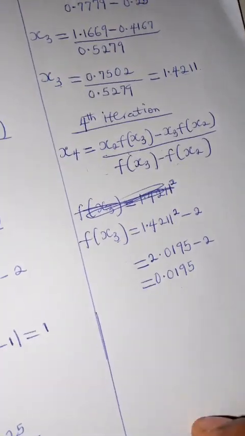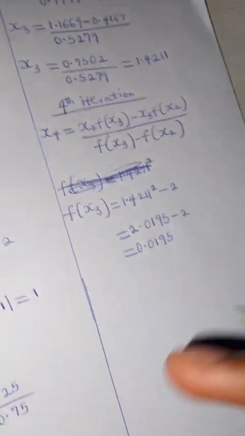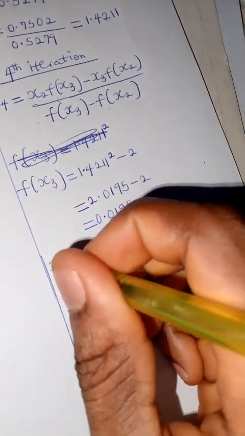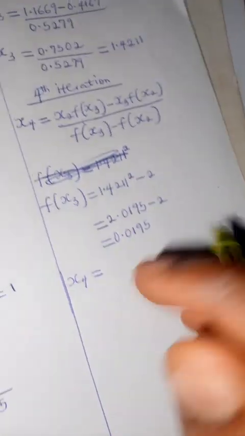Now we're going to substitute this into this equation to get our x4, such that our x4 equals x2.